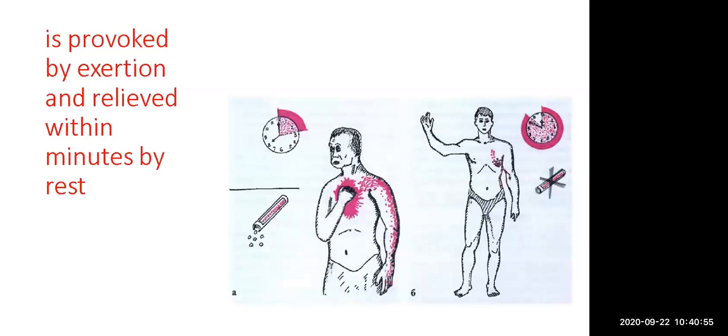Then the very important thing is what provokes this pain. It is provoked by exertion and relieved within minutes by rest. They can say, I have the pain for 5 minutes, 10 minutes, then when I rest, the pain stops.